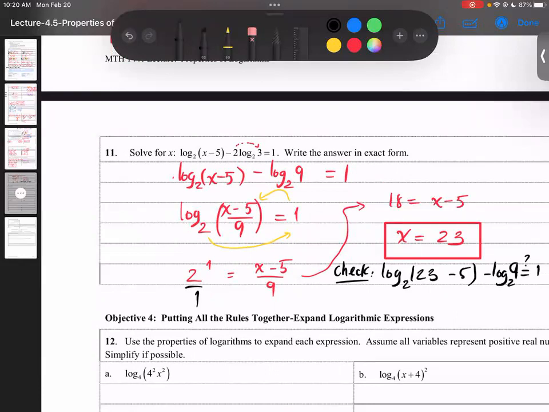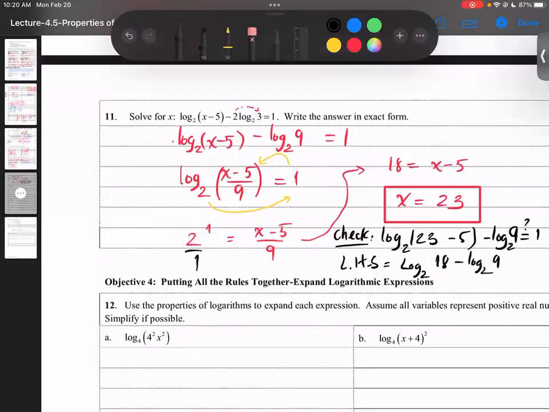What's your left-hand side? 23 minus 5 is 18. Log base 2 of 18 minus log base 2 of 9. Quotient rule. I can combine the log 18 and log 9 into one using the quotient rule.